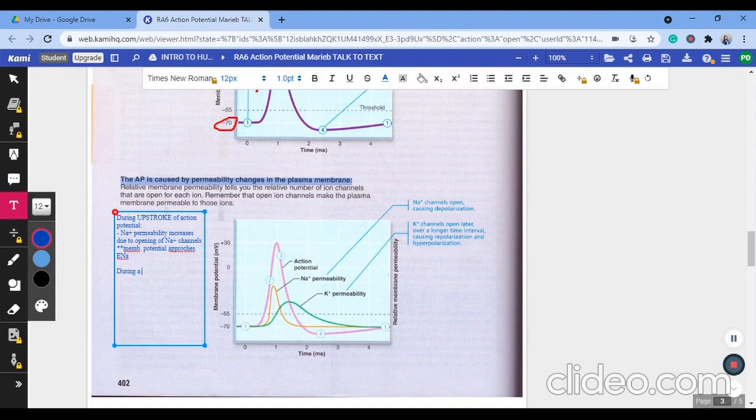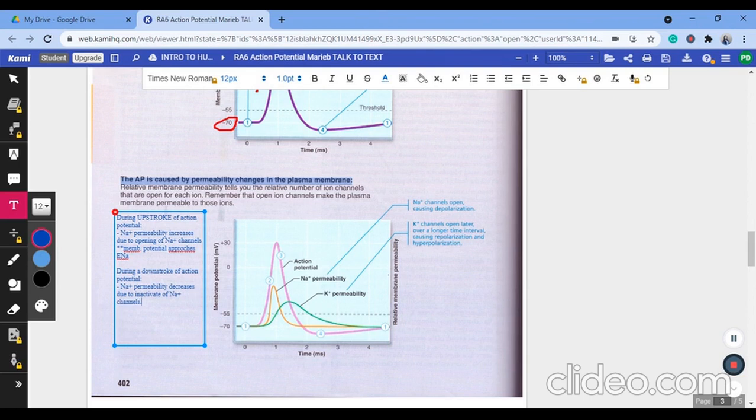However, during the downstroke or going down of the action potential, sodium permeability decreases due to inactivation of sodium channels.